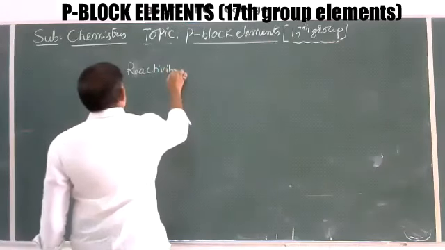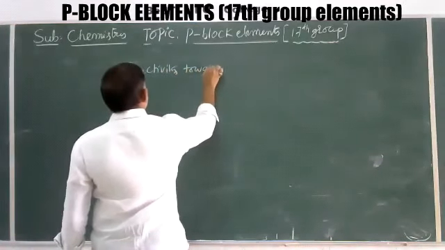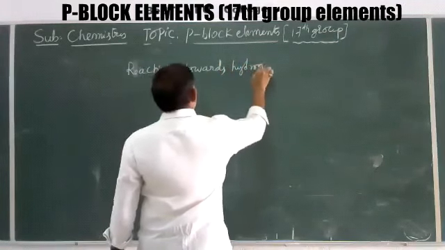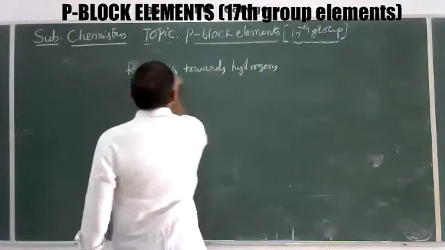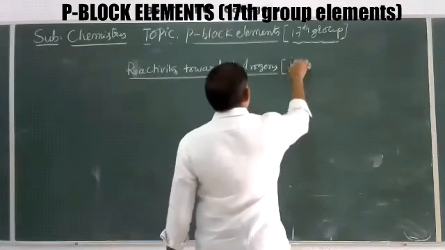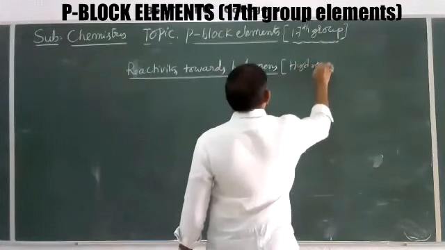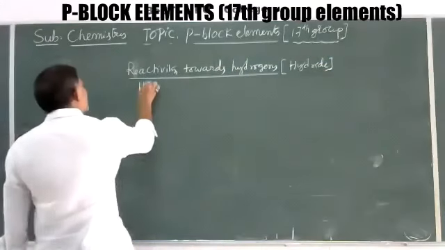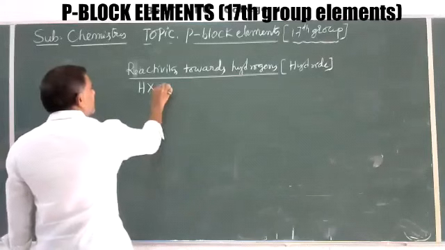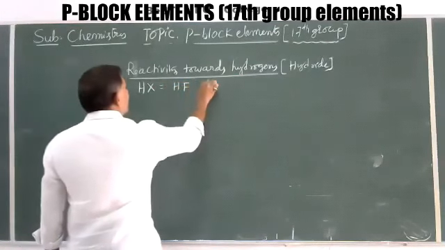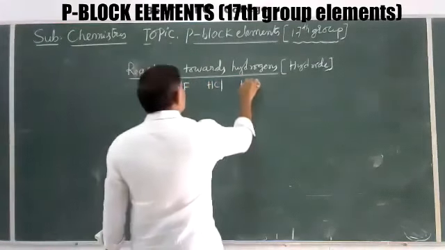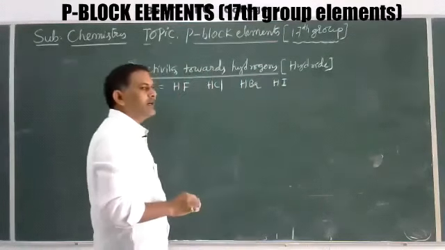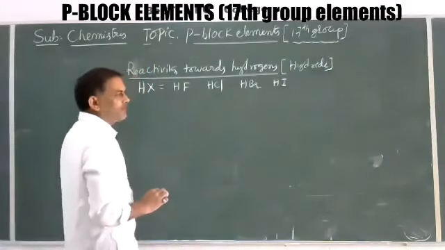Reactivity towards hydrogen means it forms the corresponding hydride, 17th group hydrides. They are generally denoted as HX: HF, HCl, HBr, HI. These are the important hydrides of 17th group elements.